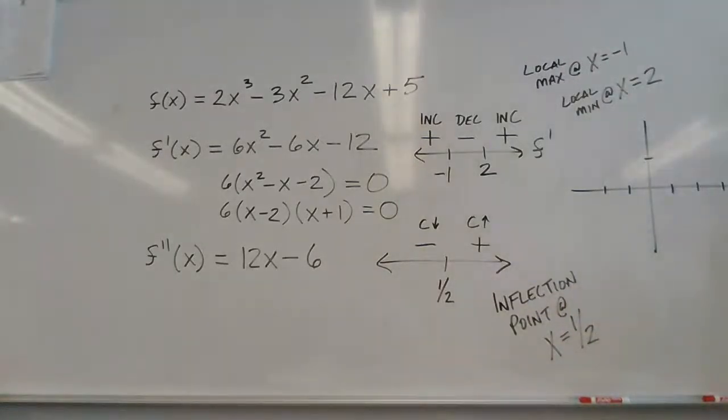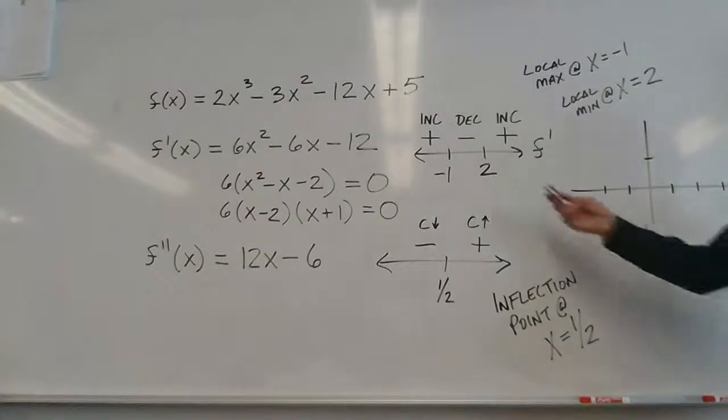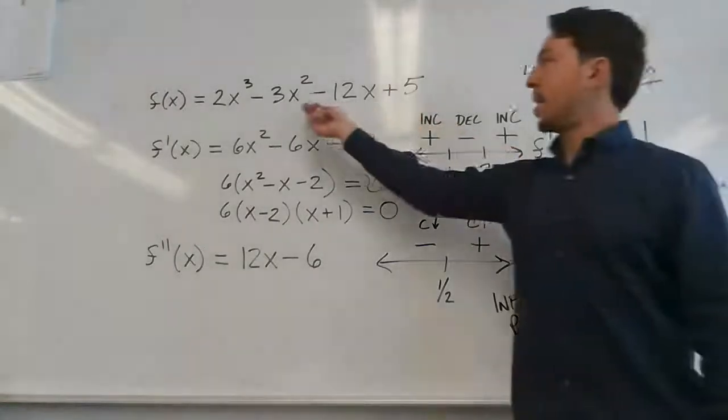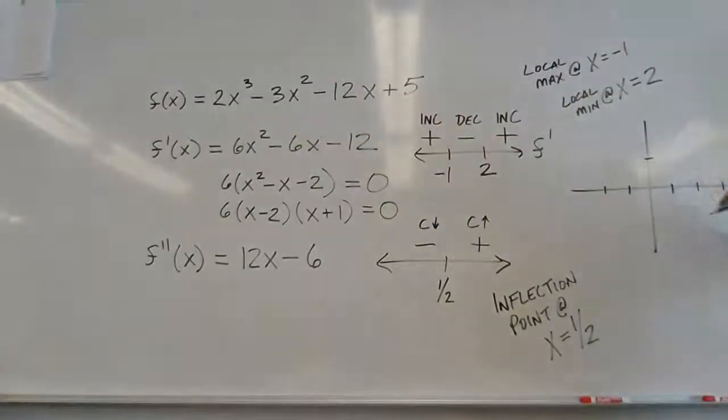And so here's where, if you're really fastidious, you might plug in and ask, am I actually going to be below the x-axis or above? But like I said before, we're not super concerned with that, so it's okay if you just eyeball it. So for all we know, it could be something like this.